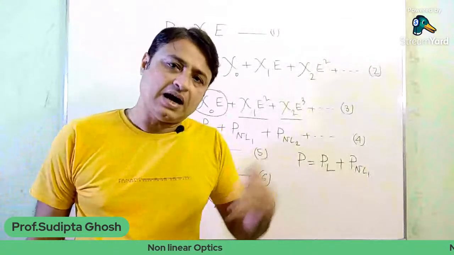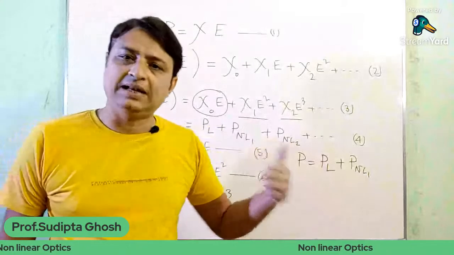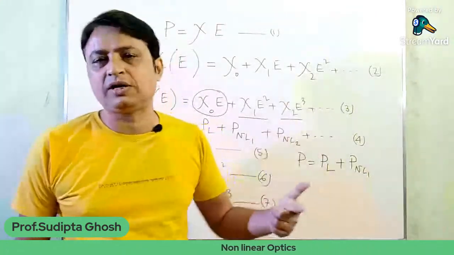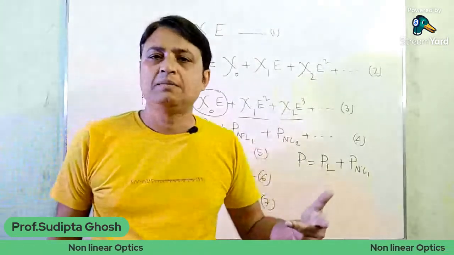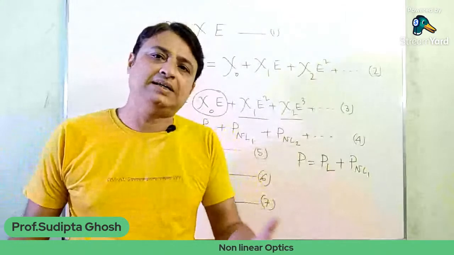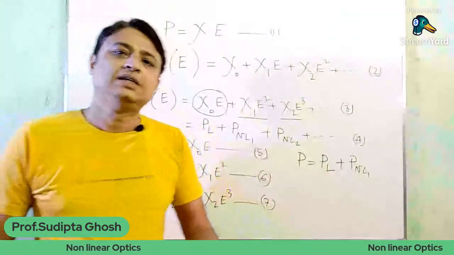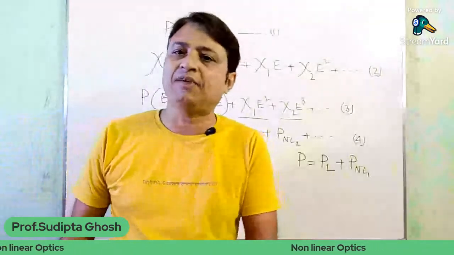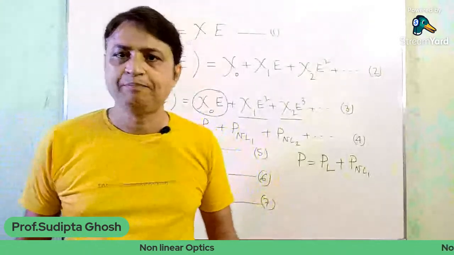I have earlier discussed that there will be three effects: number one, the linear; number two, the first order nonlinear; and number three, the second order nonlinear. But now I am confining our discussion within a space in which the linear effect and the first order nonlinear effects are present. Okay?